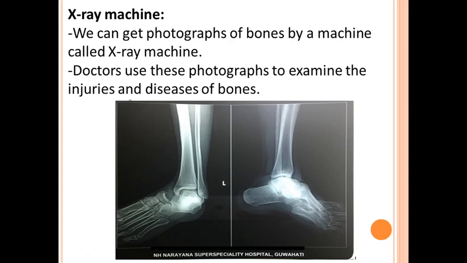I think you have seen the X-ray report of your parents or some relatives. With the help of the X-ray machine we can see the shape or the arrangement of your bones. This picture is of a leg. From this we can examine the injuries or diseases of bones. A small point.